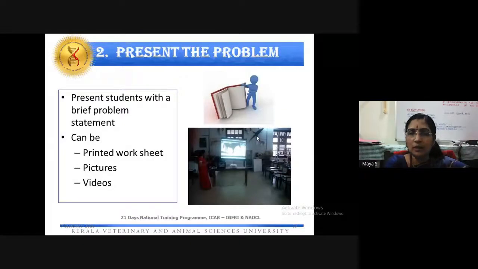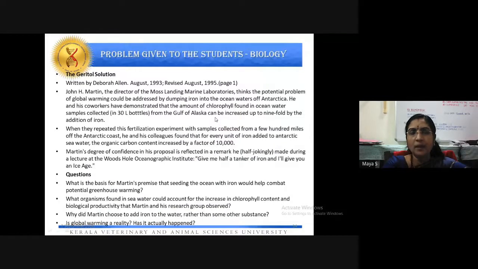So the teacher has to form the student groups, then present the problem, as I told you, as a printed worksheet or a picture or a video. We'll see some examples of problems. In veterinary or in agriculture, there are different courses. In veterinary science, I am basically a professor in veterinary anatomy, and we teach the structure.